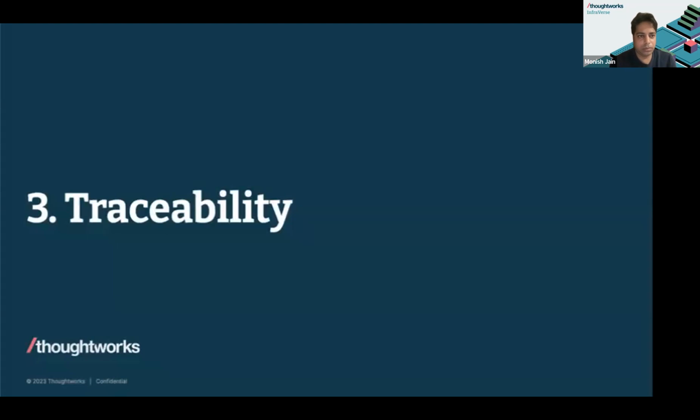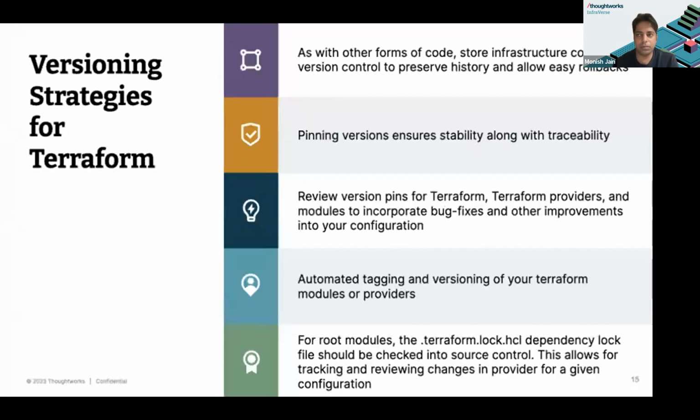So next is traceability. A lot of times when we jump onto version management for infrastructure code, we don't take versioning strategies for infrastructure code seriously. We may end up having just a master or main branch, and all the code goes there, with us just pushing things, breaking things, and then fixing again.